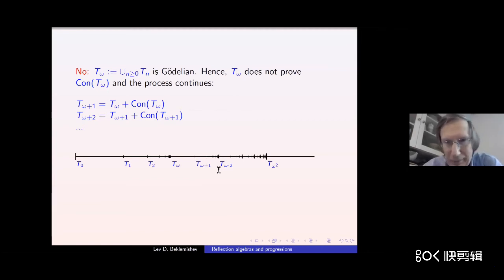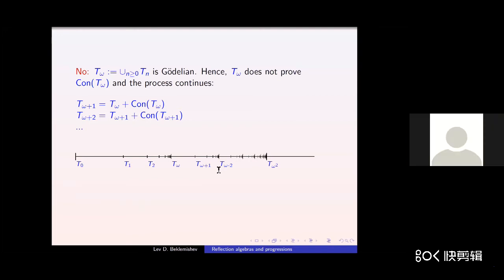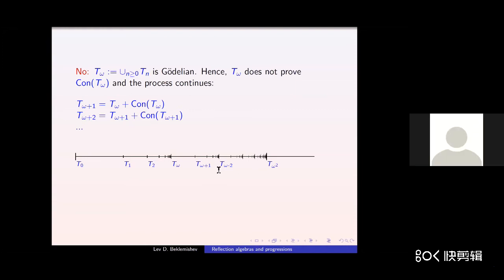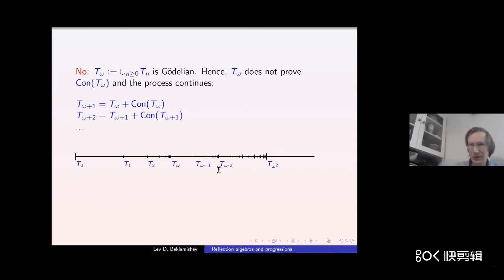And certainly we cannot obtain sequences of uncountable length in this way, because to do so we would need to arithmetize uncountable ordinals, which is not possible in arithmetic. So there are obvious bounds to the length of this.